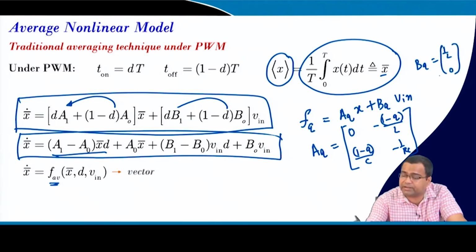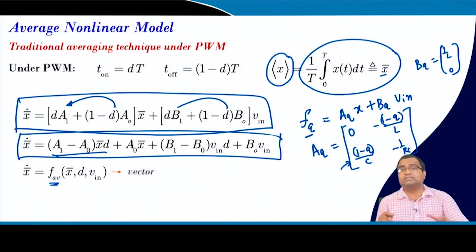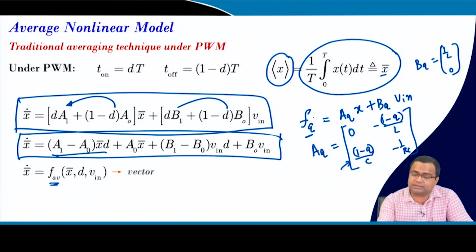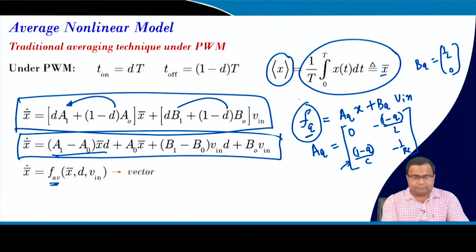So, there is no dependency of q in B. So, this f(q) is a function of q and it is a discontinuous function. So, this is also a vector, but it is a discontinuous vector. But after you apply averaging, that means you are averaging over a cycle, this discontinuous q is replaced by the duty ratio d.